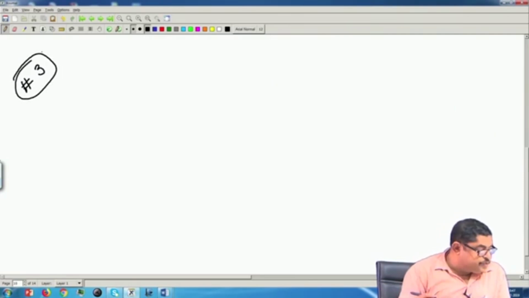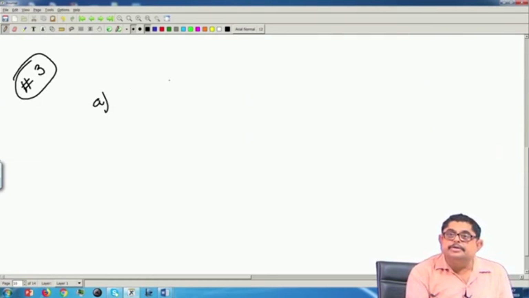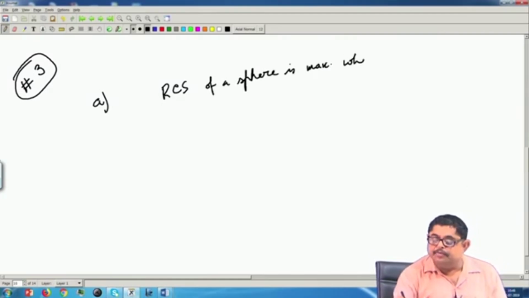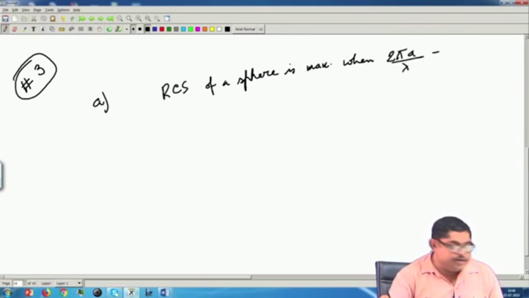So, here we can say in part 1, RCS of a metallic sphere is maximum. You can see that graph we have discussed in the class, when 2 pi a by lambda is 1.